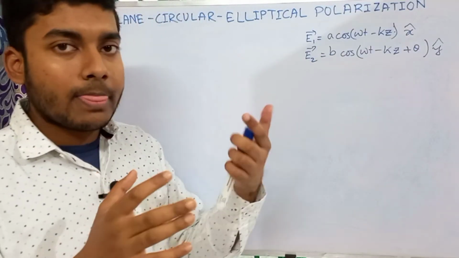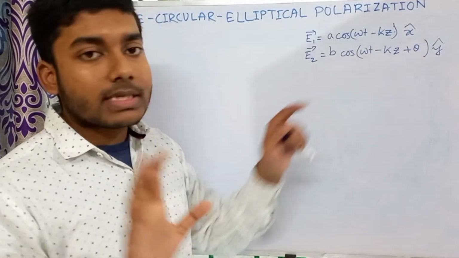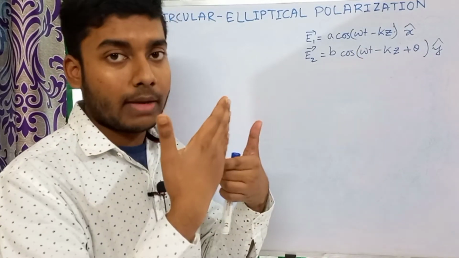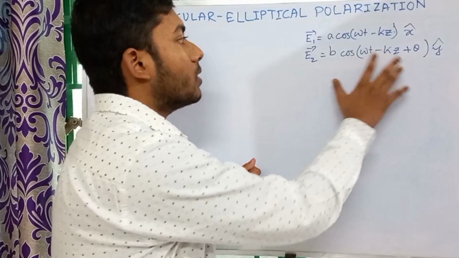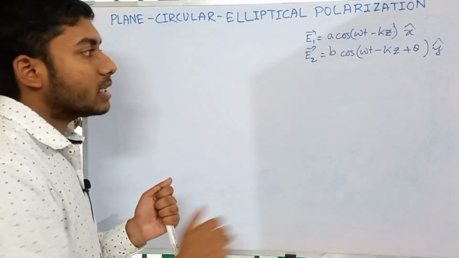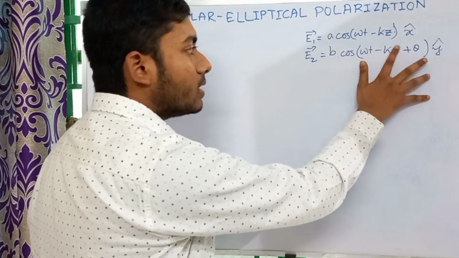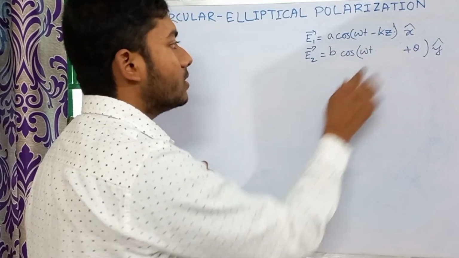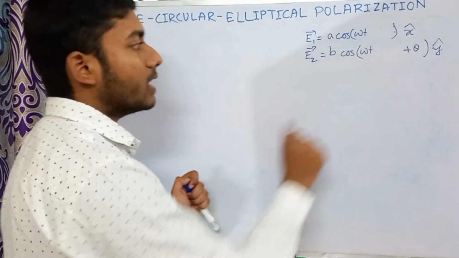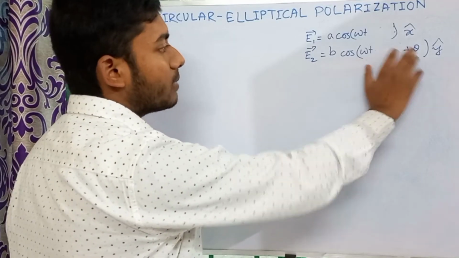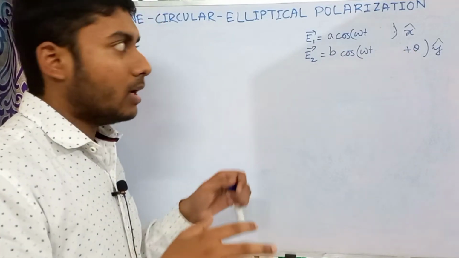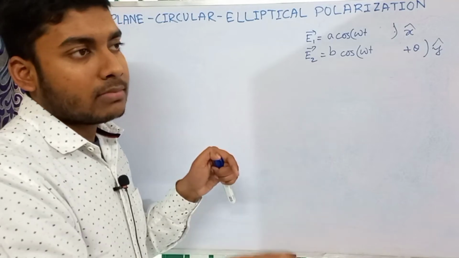Now for that we have to fix a plane. For the sake of simplicity, we are considering the z equals 0 plane. For the z equals 0 plane, this term will vanish, and only omega t plus theta will be left. Now I am splitting this into some cases.